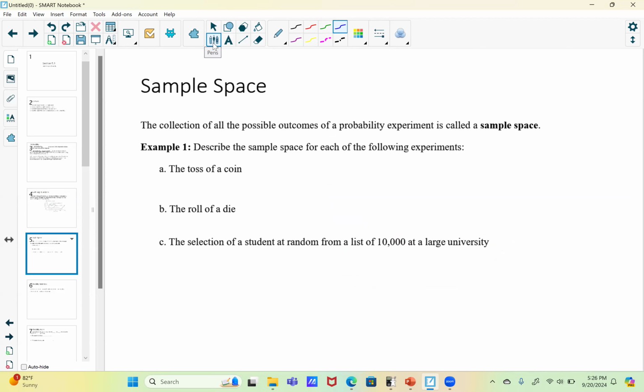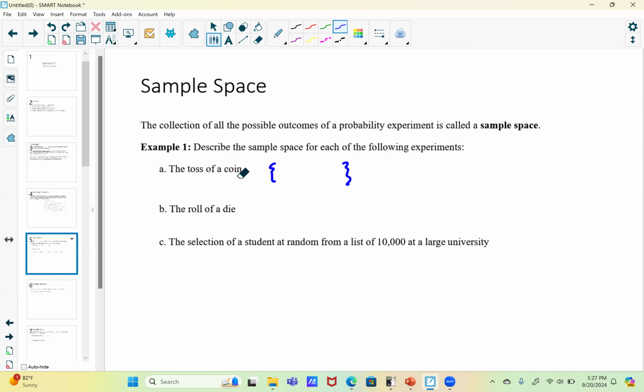When we're doing probability, we're often interested in the sample space, and the sample space is a very useful tool for helping us figure out probability. The sample space is the collection of all the possible outcomes of a probability experiment. When we describe the sample space, we usually write the outcomes in curly brackets and put all the possible outcomes.